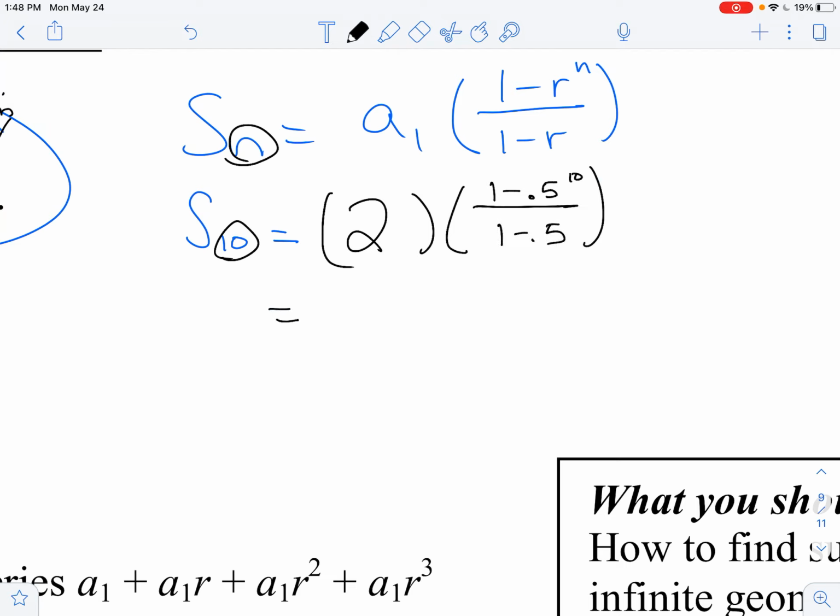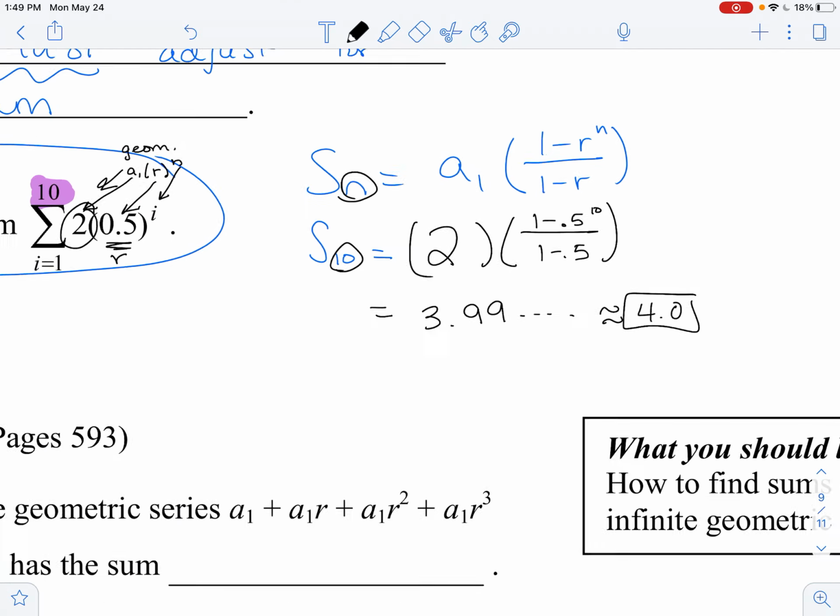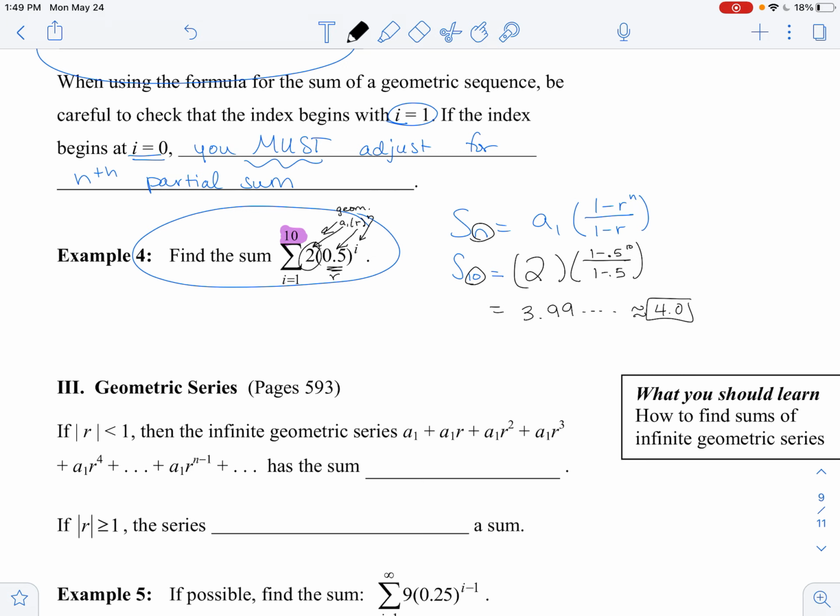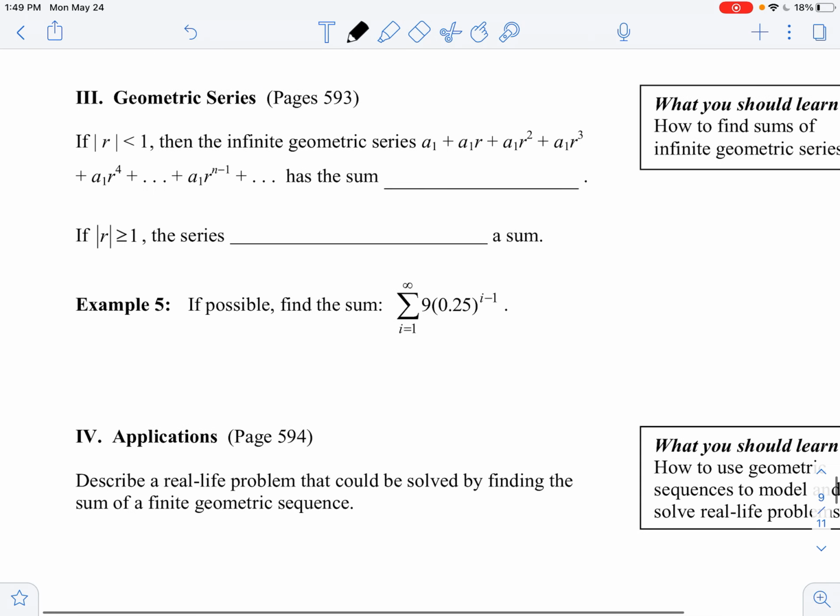And then when we plug that in, we end up with approximately 3.99, which is approximately 4.0. Okay? So you're going to decode that, and it looks like the geometric nth term, and we break that apart, and we know which piece goes where.